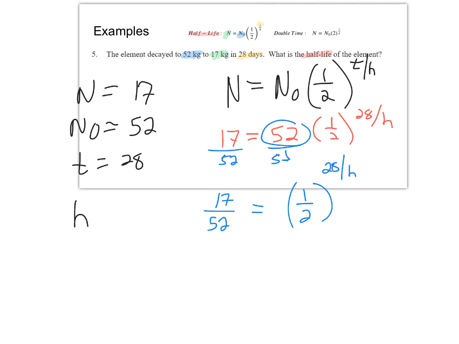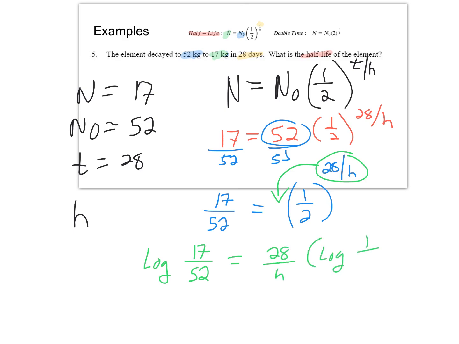Now again, if you want to convert that to a decimal, you can. I like to keep it as a fraction because it makes more sense. All right, so now let's take the log, because I got to take this and drag it down. So log 17 over 52 is equal to 28 over H times the log of 1/2.